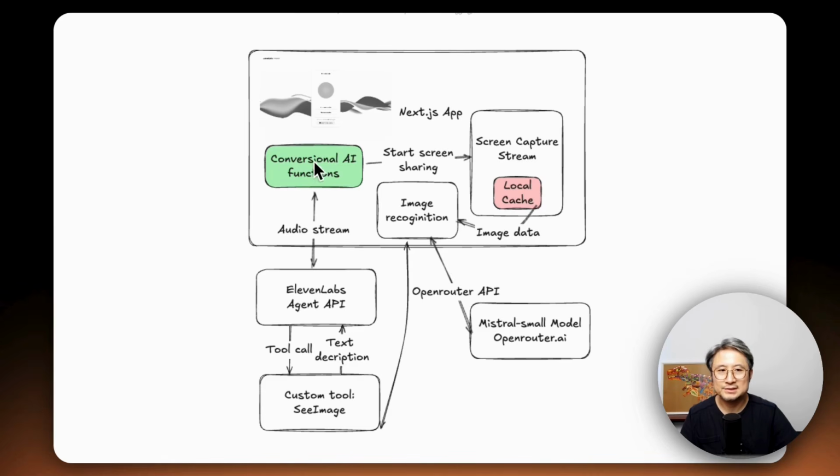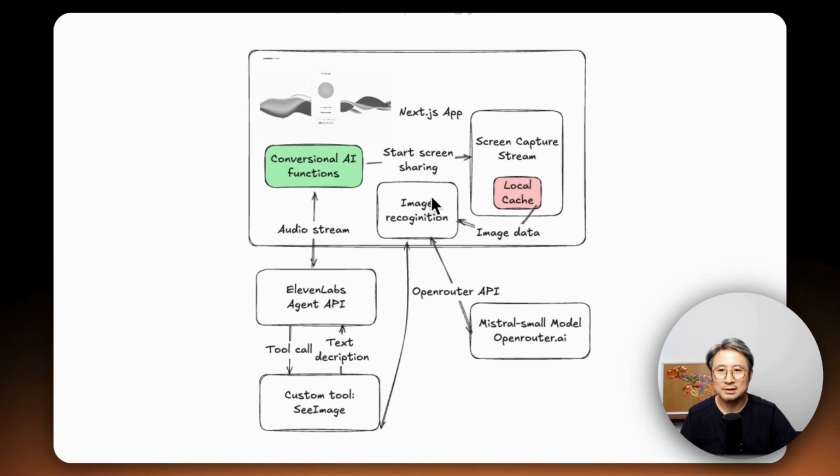When the user speaks, the Next.js app streams the microphone audio to the ElevenLabs agent. And if the user asks the agent about looking at something, the agent will decide to use our predefined tool called CImage, and that tool will automatically send a request back to our app, to the image recognition processing block.